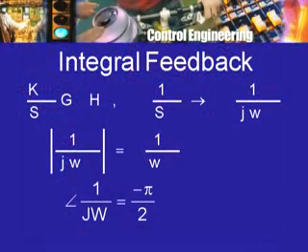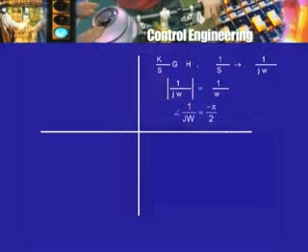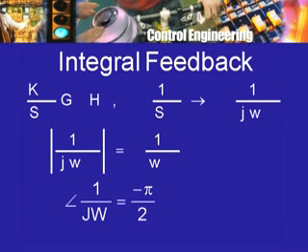This 1 by s contributed 1 by j omega to the frequency response, and I told you that the modulus of this 1 by j omega is 1 by omega, that goes to 0 as omega tends to infinity, and the phase angle or the argument of this, however, remains constant at -π/2. As a result, there is a phase shift of -90 degrees which is introduced in the loop transfer function, and there is a change in the gain, of course, which goes to 0 as omega goes to infinity.